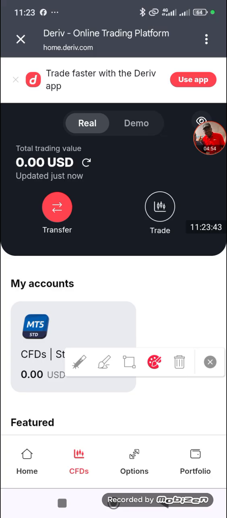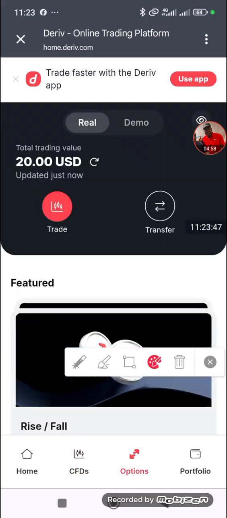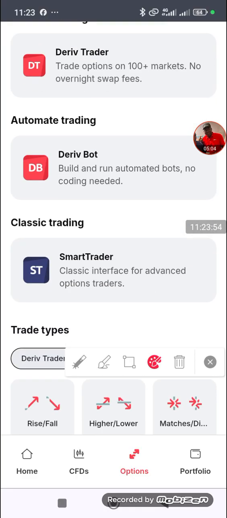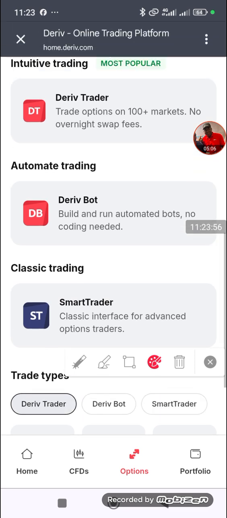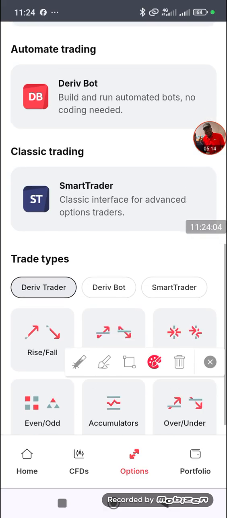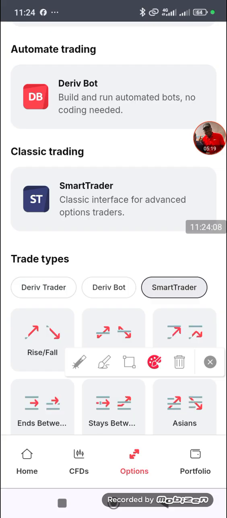But I am not doing that. What I am into is options. So I'll come to the options aspect. Even in the options aspect, there are three major things you are seeing here: Deriv Trader, Deriv Bots, and Smart Trader. I like working with Smart Trader because it's the very first set. I can touch here so that you understand where I'm touching.